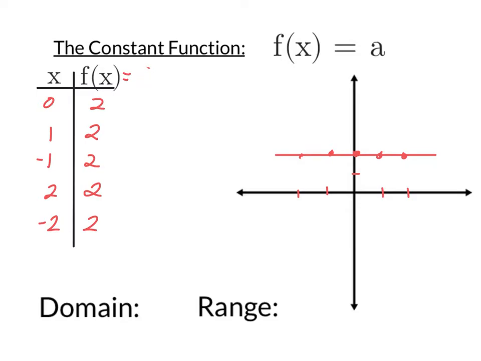Now, if we change that from being a 2 to being, let's say, -3, well, then no matter what the x-coordinate is, the y-coordinate is -3. Always. And when we graph those points, we'll be down here at -3.